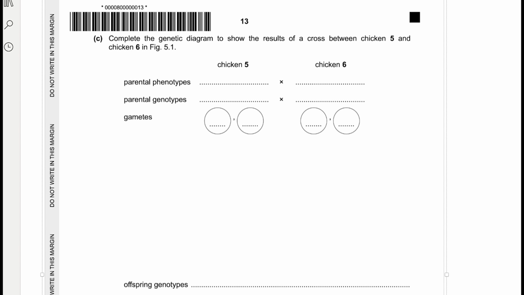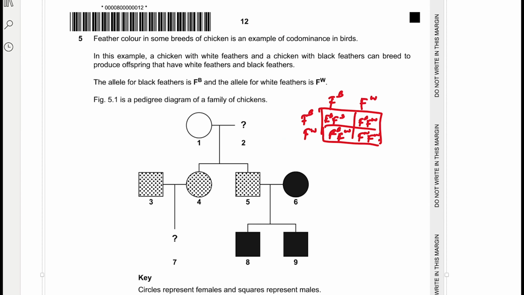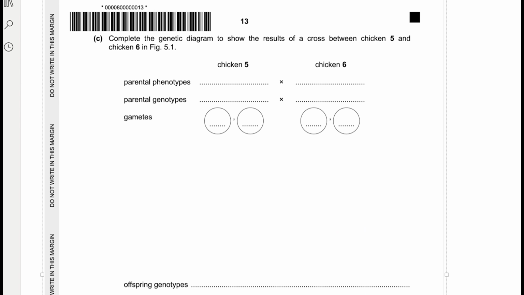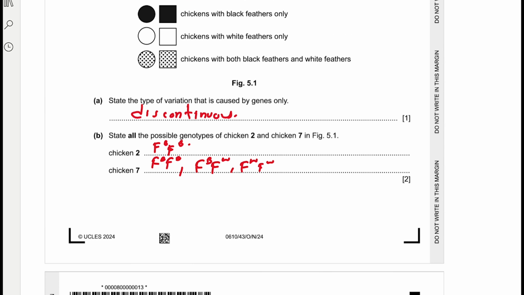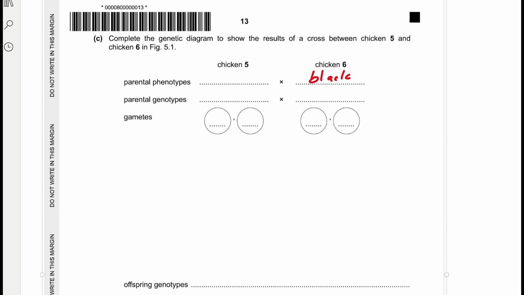Complete the genetic diagram to show the results of a cross between chicken number 5 and chicken number 6. We need to see chicken 5 phenotypes and genotypes. Okay, chicken 5 is here, it's black and white, and chicken 6 is totally black. So phenotypically, chicken 6 is black, and chicken 5 is black and white.